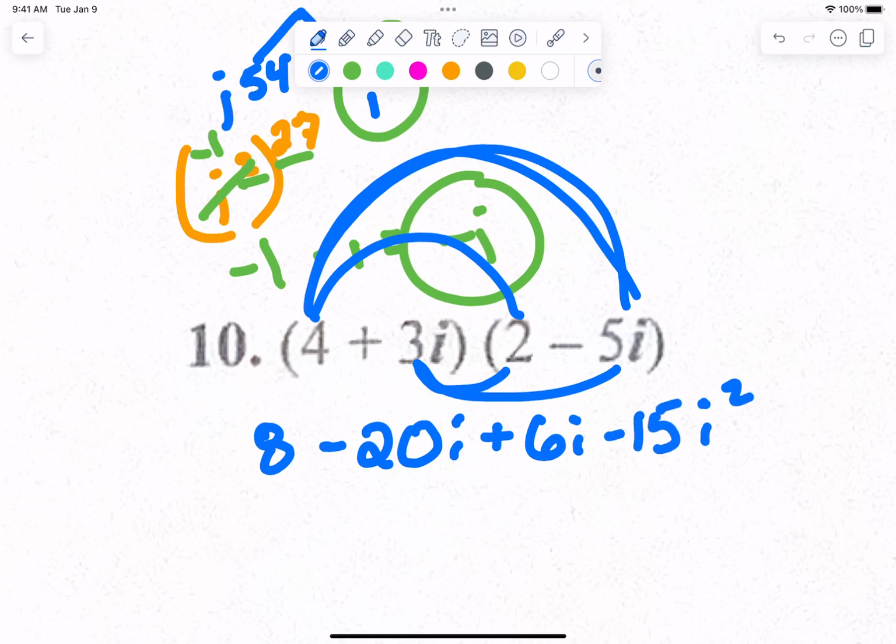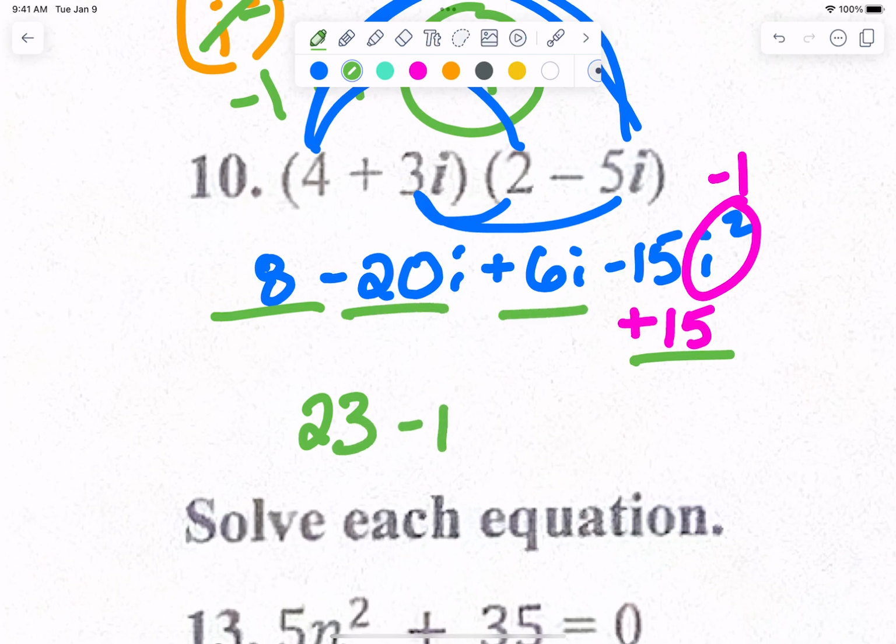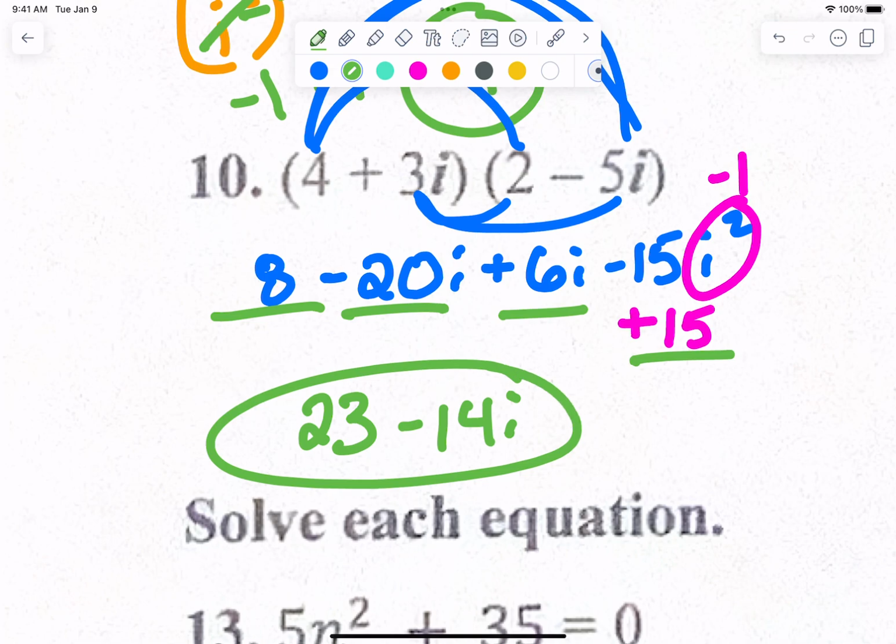There are 2 i's. So I have 4 pieces. i squared is negative 1. What's negative 15 times negative 1? Plus 15. Now I can combine like terms. 8 and 15 makes 23. What's negative 20i and 6i? Negative 14i. Beautiful.